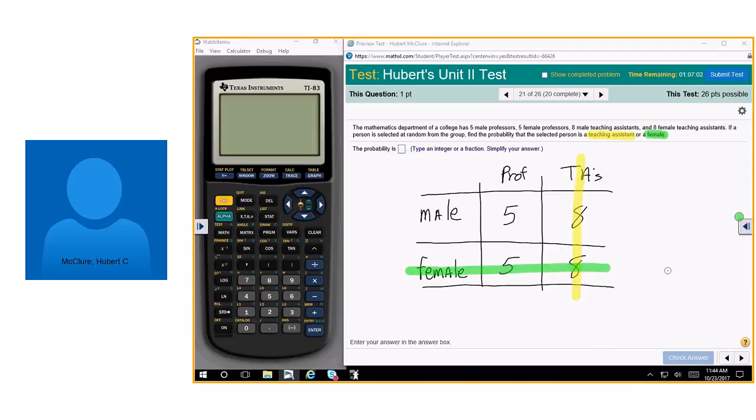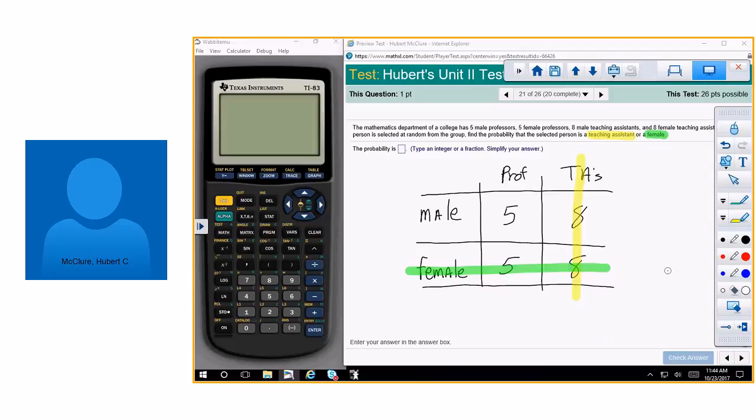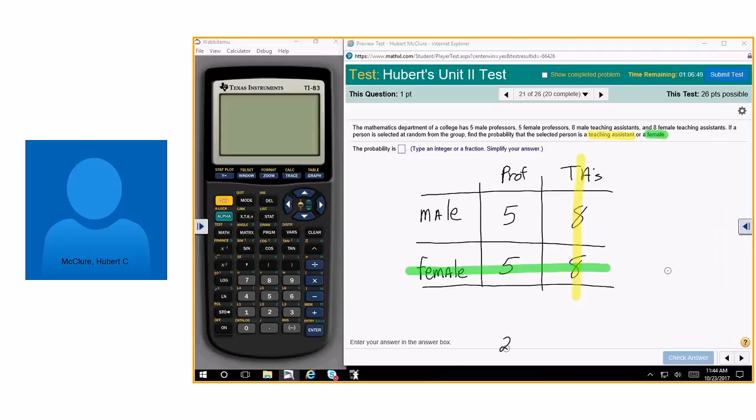Somebody add up the total for me. Well, 8 and 8, 16, and 10 is 26, right? Yes, Hubert. So 26 is the what? The denominator.